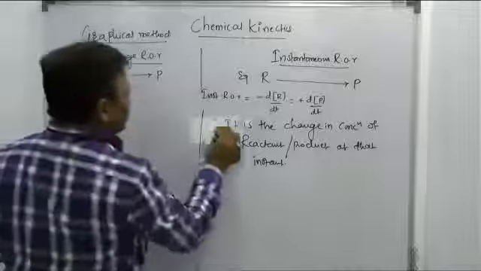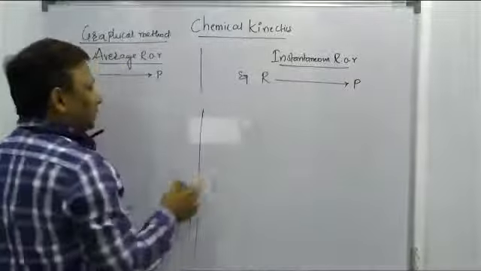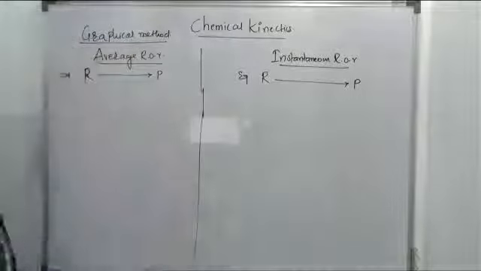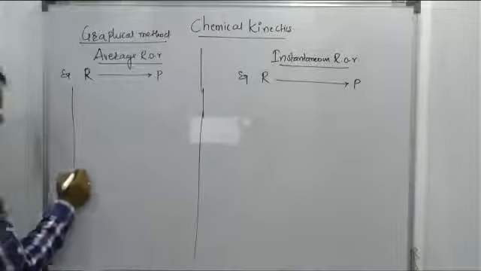Sir, there are differences between the average rate of reaction and the instantaneous rate. In the graphical method, the difference is that average is at an interval, and instantaneous is at a particular time. Now I want to go with the graphical method.